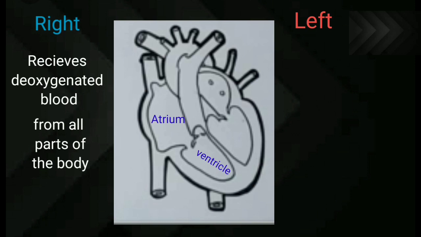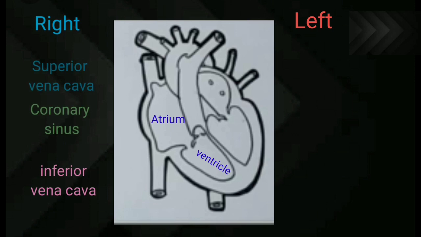Look at the figure very carefully. It enters the right atrium by 3 veins, which are blood vessels: the inferior vena cava, the superior vena cava, and the coronary sinus. These 3 blood vessels bring deoxygenated blood to the right atrium.